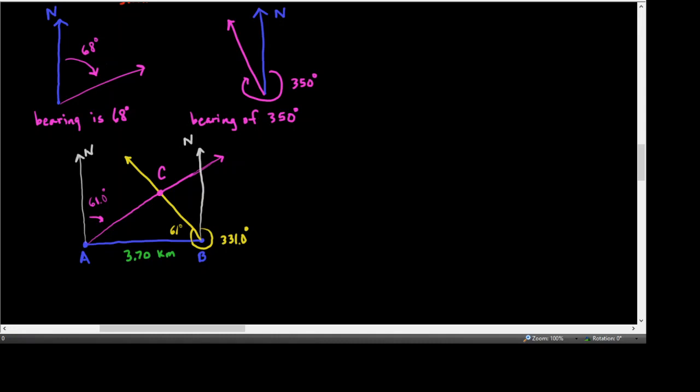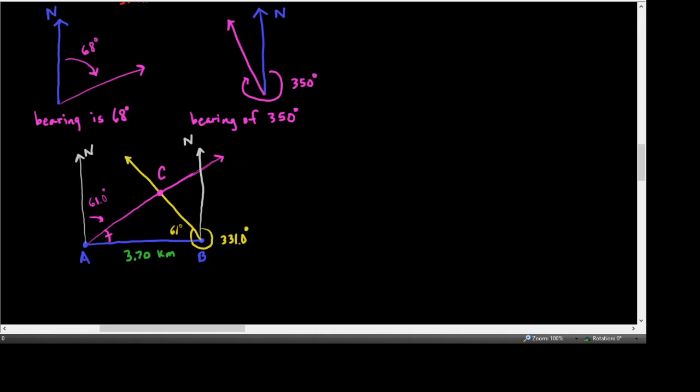Do I know that I have a right triangle? It wasn't given. It didn't say that the 2 sight lines were perpendicular to each other. So we can't assume that. We're going to have to calculate that. So looking at the triangle that's created, the ABC triangle, what is this angle measure?